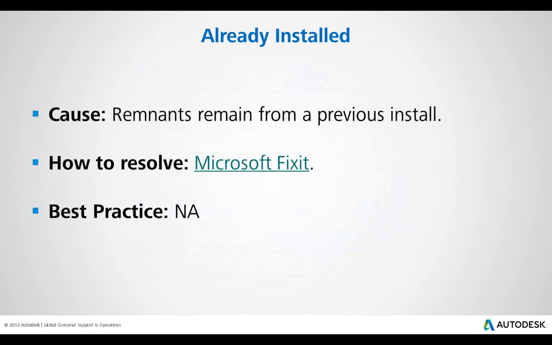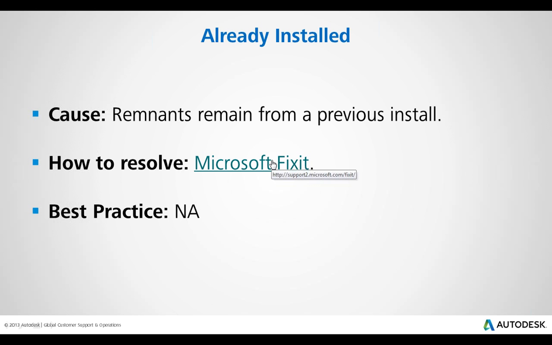So how do you fix that? You could go through and try to manually delete any files you find on your hard drive referencing those products, or scan through the registry and try to delete the items there. It's asking for trouble at that point. It's a pain to try to find every single nook and cranny where the remnants from that previous install are hiding.